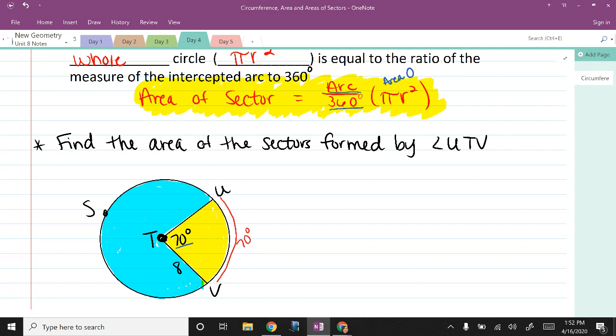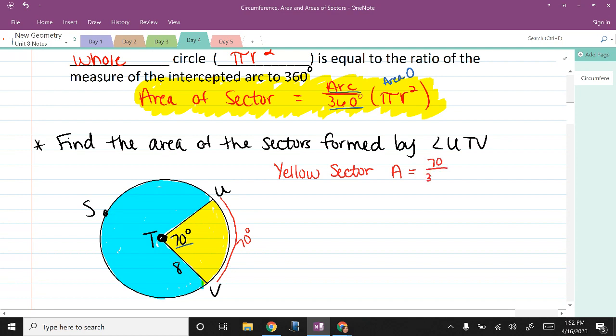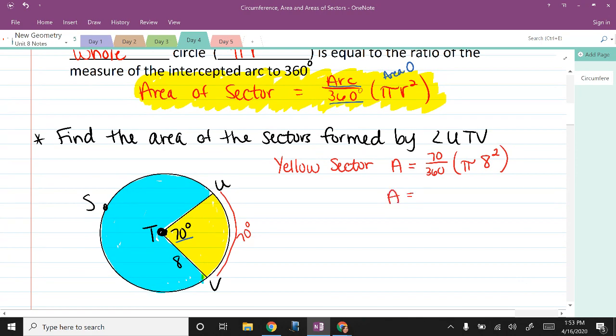So the area of the yellow sector is going to be area equals the intercepted arc, which is 70 over 360, times pi times the radius squared. Well, our radius is 8. So 8 squared. So I'm going to simplify a little bit. 70 over 360, and I know that will reduce, but I'm going to just use my calculator in a minute. 8 squared is 64, 64 pi.